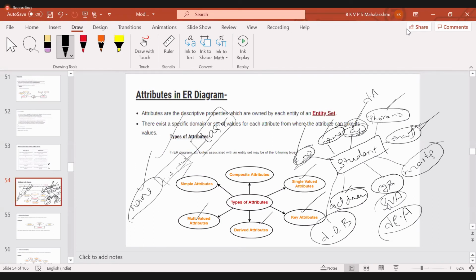Coming to the address, is address a composite one or not? How many text boxes will be there? Door number, place, mandal, district, state.